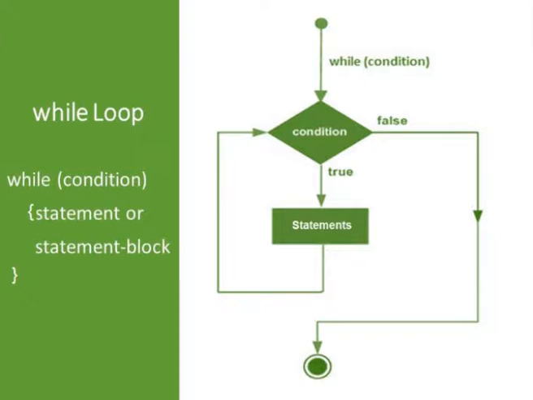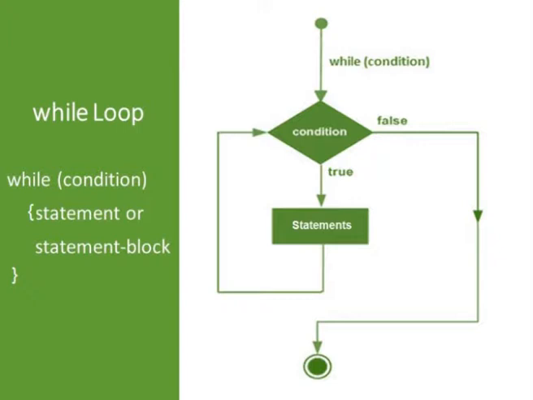Now, how a while loop executes, you can see from this flow diagram. The first thing, we check the condition which is written after the while inside the brackets. If the condition is true, then the body of the loop executes. That means the statement or the block of statements that you have written will execute, and then the condition is checked again.